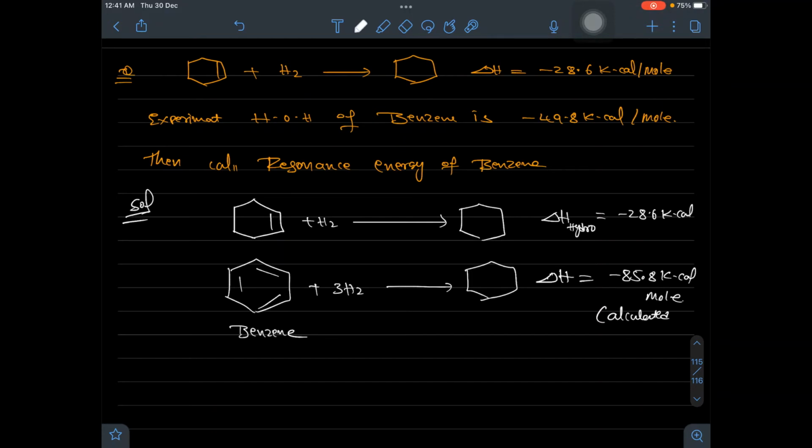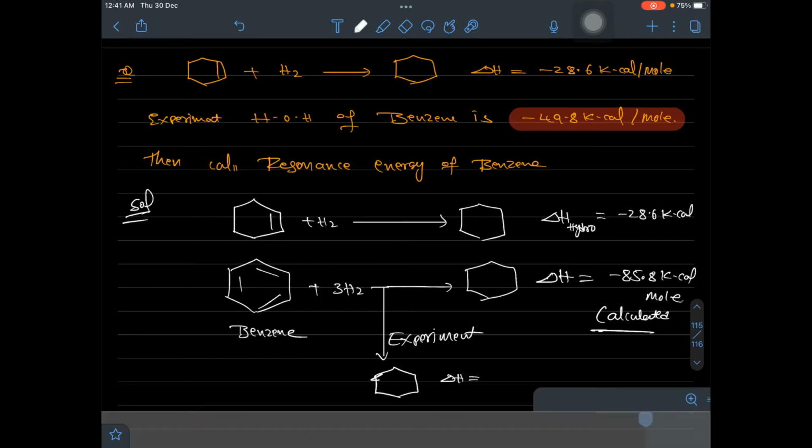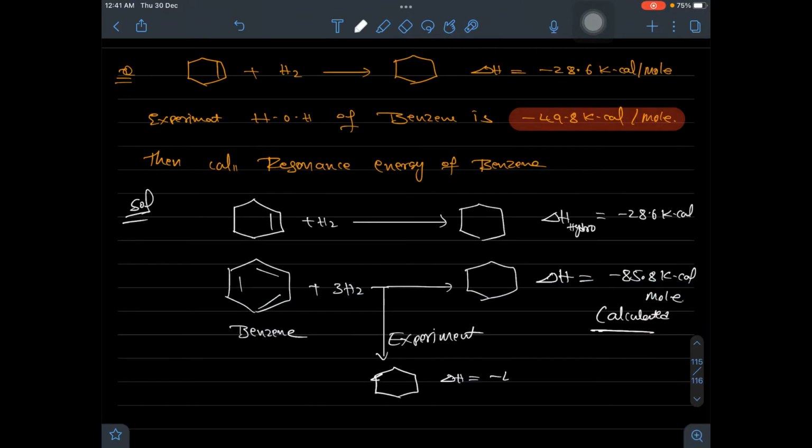But experimentally how much is formed? It is given in the question. Experimentally it is observed to be just 49.8 kilocalories. The experimental heat of hydrogenation to get cyclohexane from benzene equals minus 49.8 kilocalories.